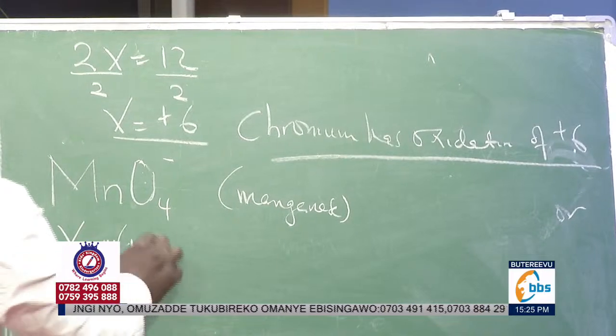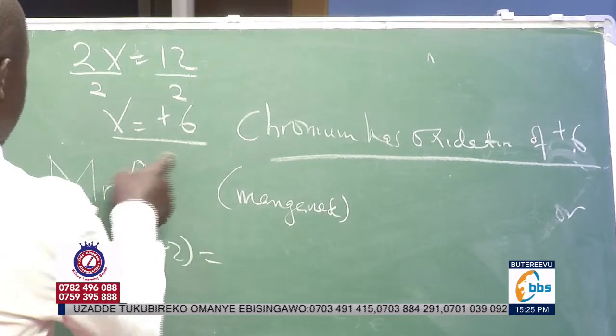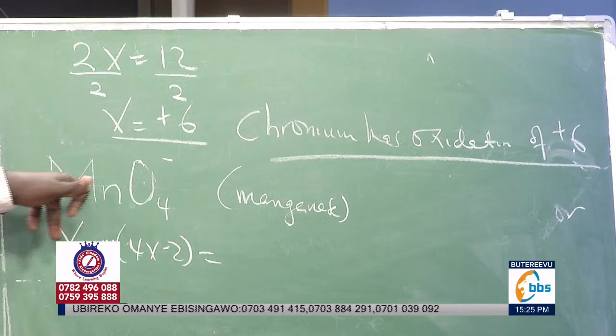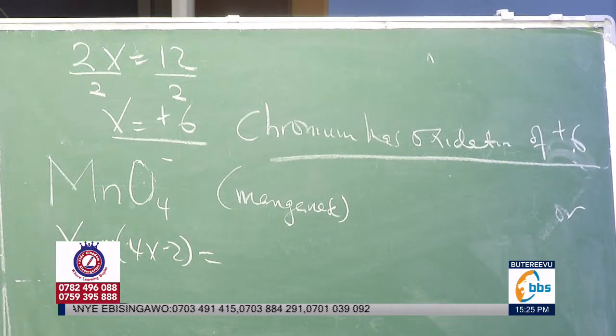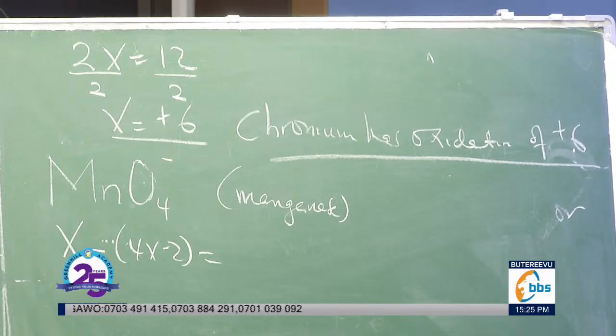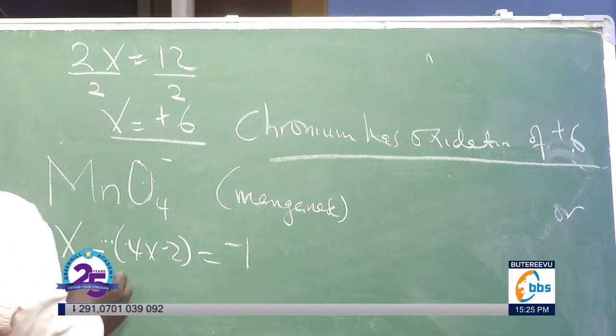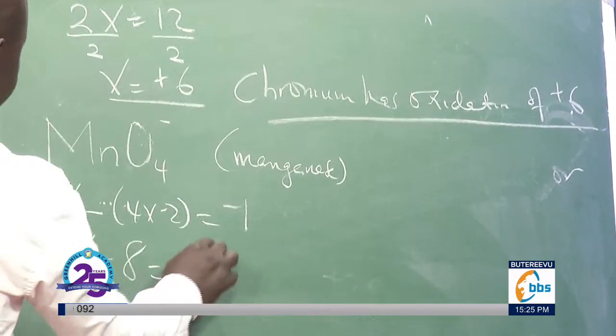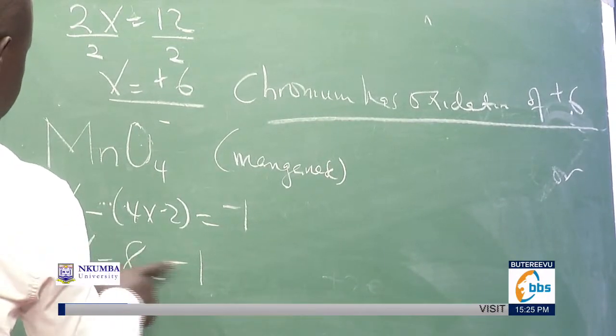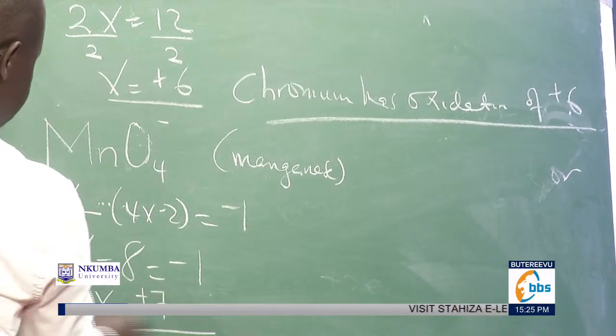So that is 4 times negative 2. Now in this case, the species has a charge of negative 1. We don't equate to 0, as we have been doing here. So we say equals negative 1. So x minus 8 equals negative 1. So x equals positive 7.